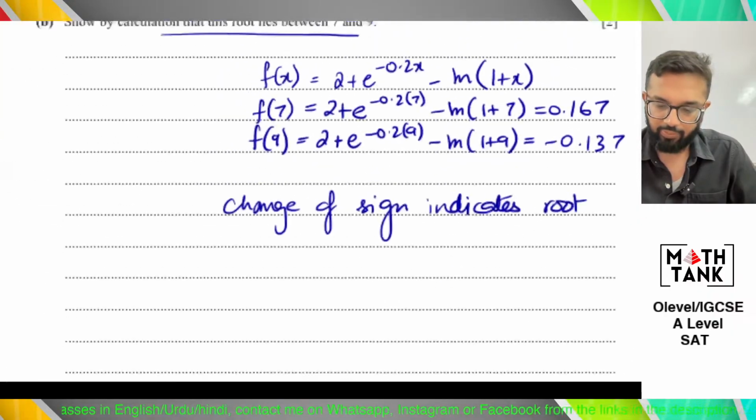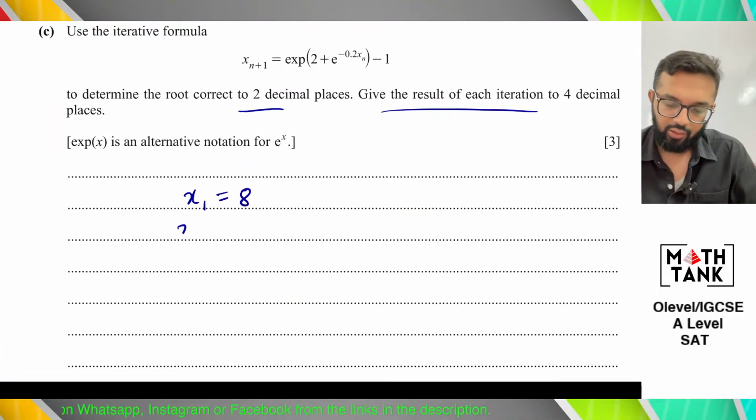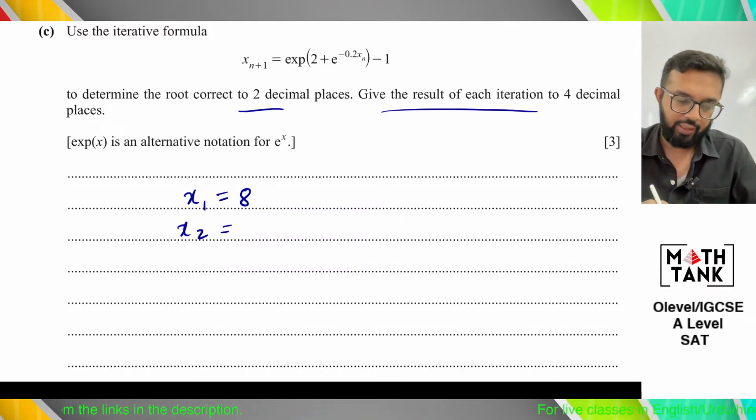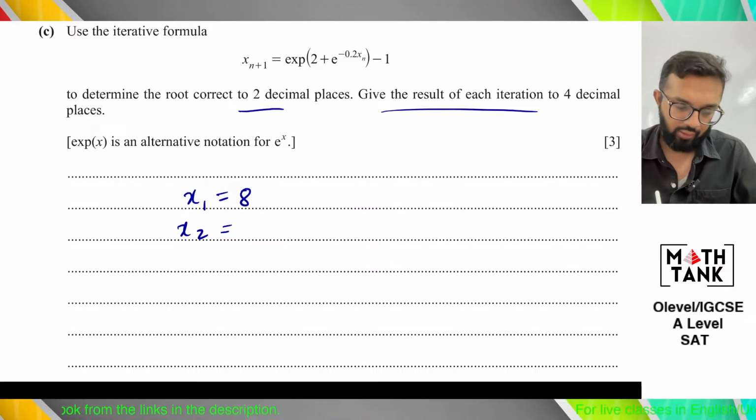So x1 will be the midpoint of this, 8. For x2, I'm going to use my calculator and churn out values as quickly as I can. So I'm going to first type 8 and press equals, and then write shift e power 2 plus e power minus 0.2 into answer.